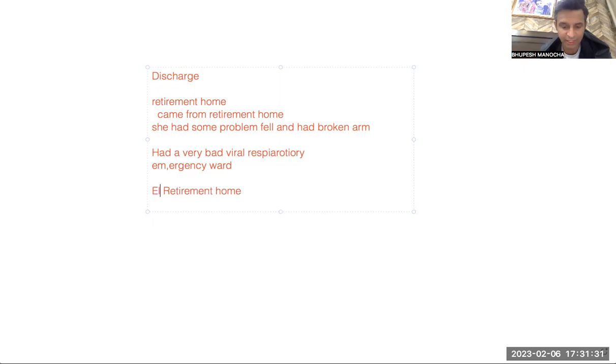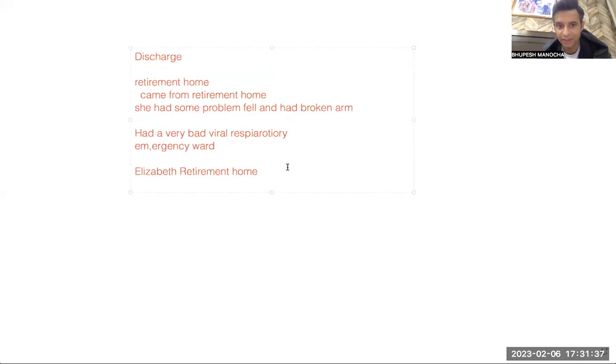If it is given as Elizabeth Retirement Home, how would you judge that it is a discharge back letter? In the exam, this would be given. Suppose the patient name is Mrs. Elvin Bath.